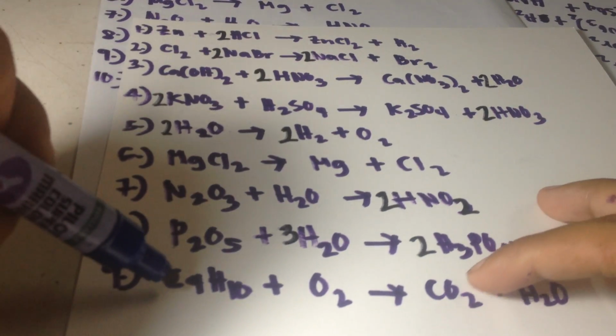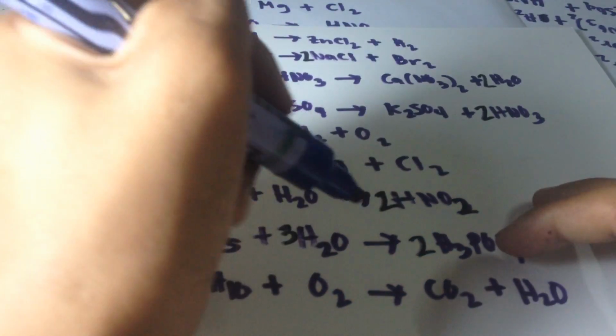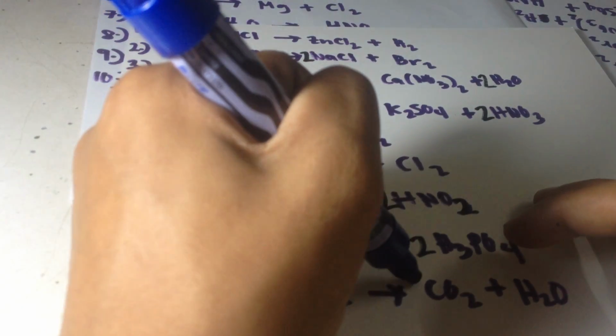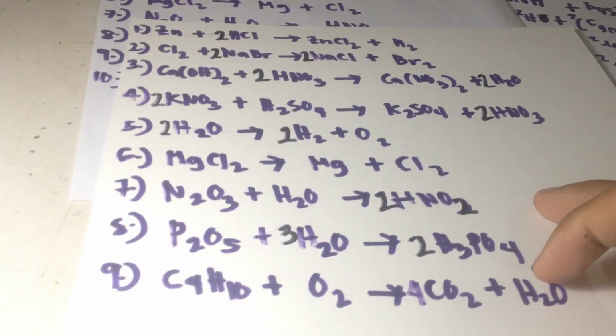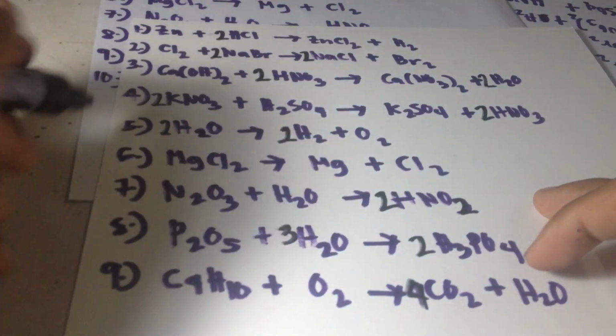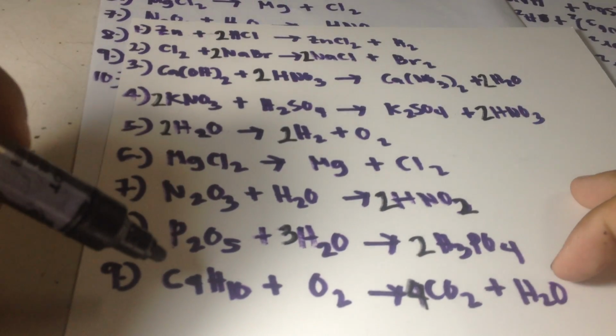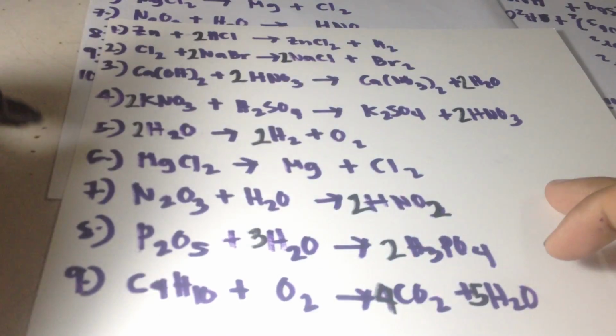There is a 4 subscript here in carbon, so you need to put a 4 here. And 4 here, and you need to put 4. So 10 in hydrogen, which means 5.